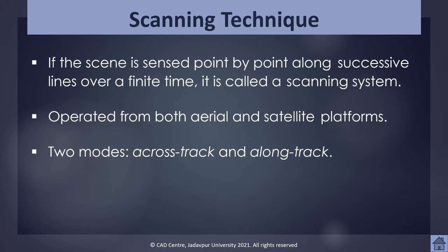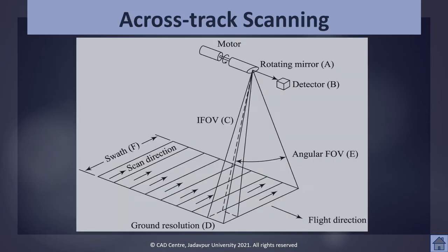One is across track scanning and another is along track scanning. Across track scanning theoretically uses a single detector. As you can see, here we have the detector, and here we have a rotating mirror. Light comes from this ground cell and falls on this mirror, and the mirror reflects the energy towards the detector and it is sensed, and in an instant only one pixel will be generated.